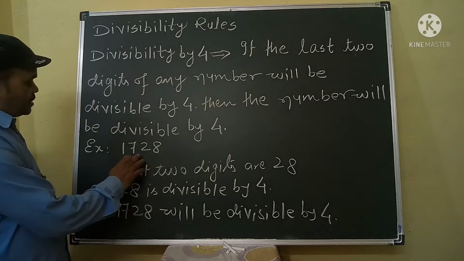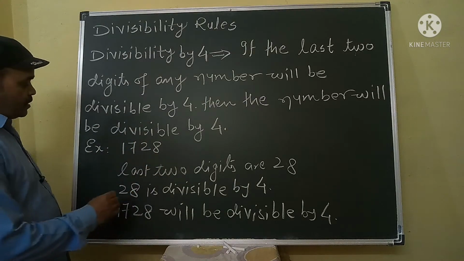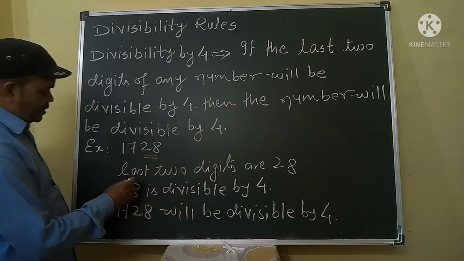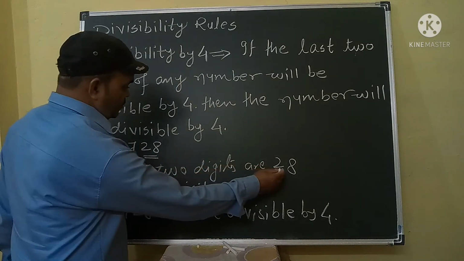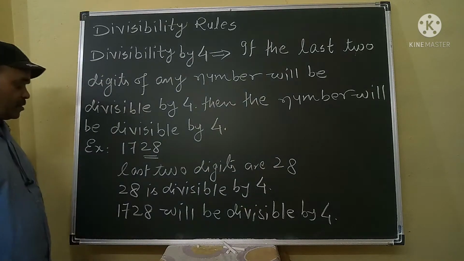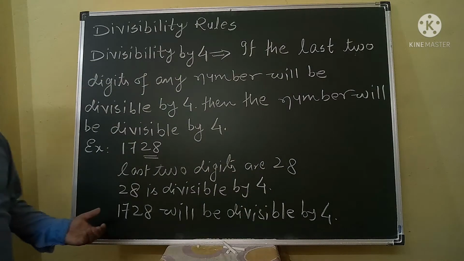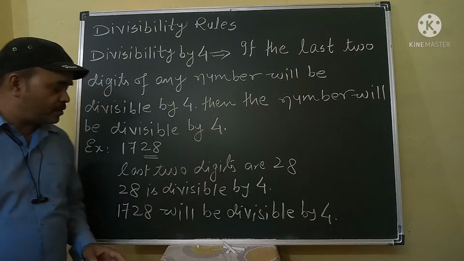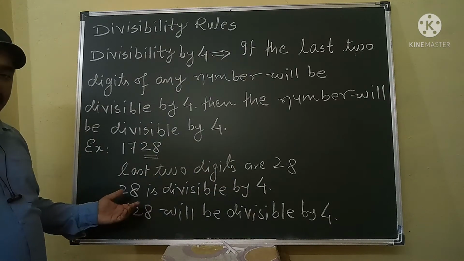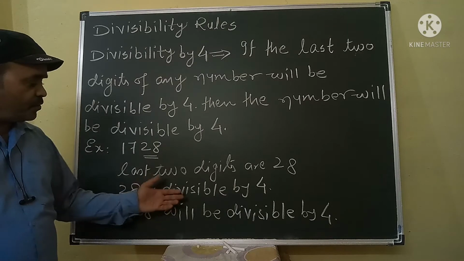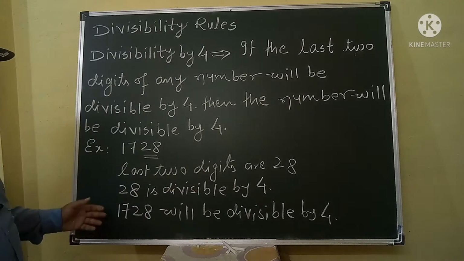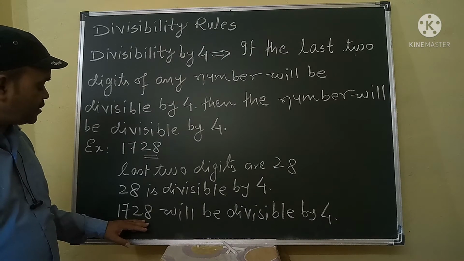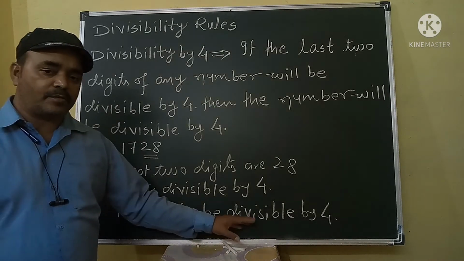In 1728, the last two digits are 28, and you know very well 28 is divisible by 4, or 28 is a multiple of 4. That means 1728 will be divisible by 4.